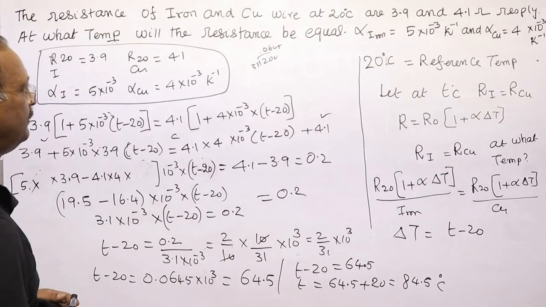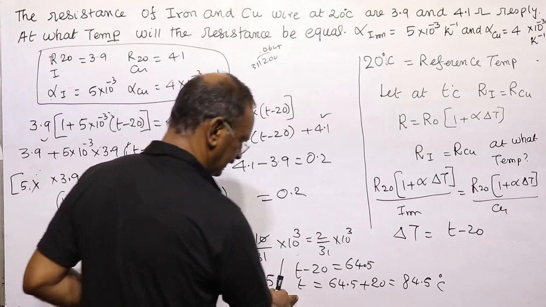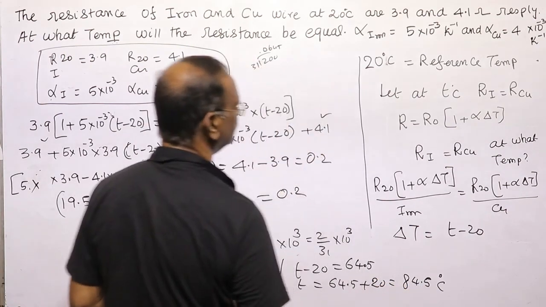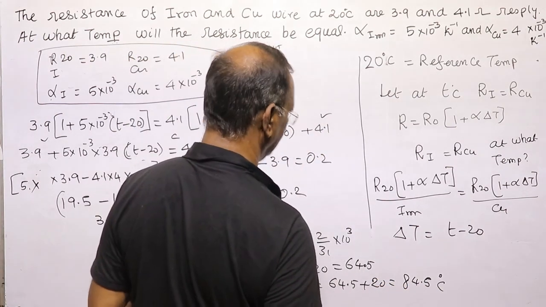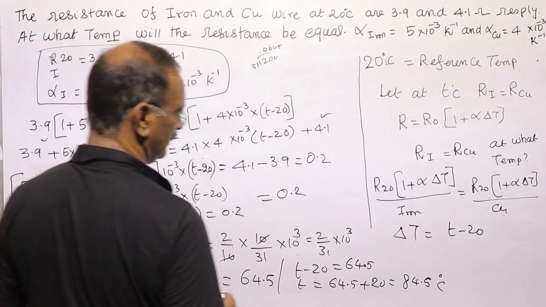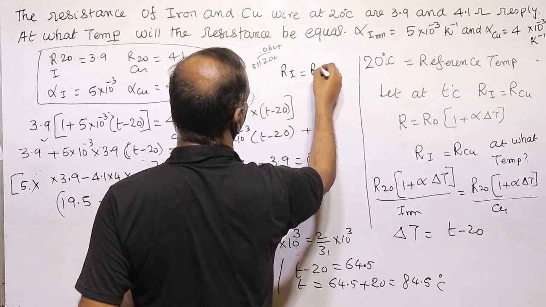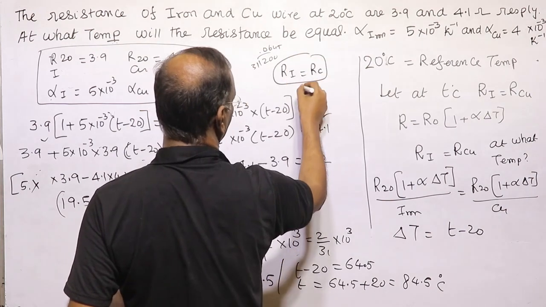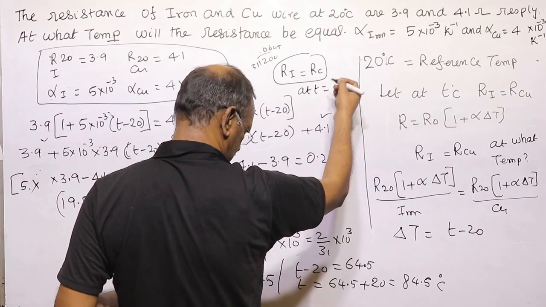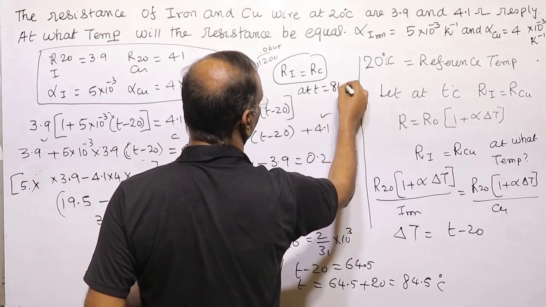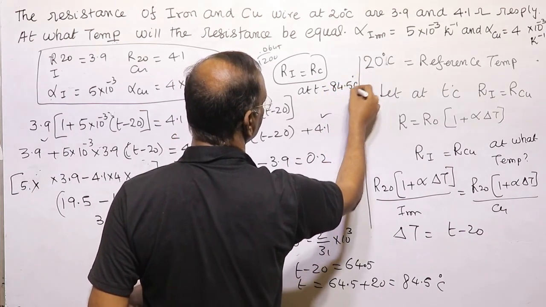So at temperature T equal to 84.5 degree centigrade, the resistance of iron is equal to the resistance of copper.